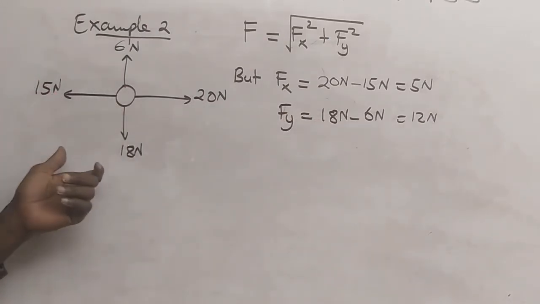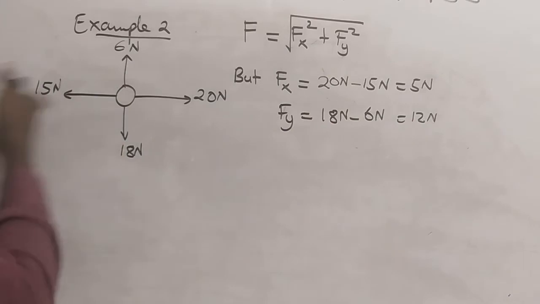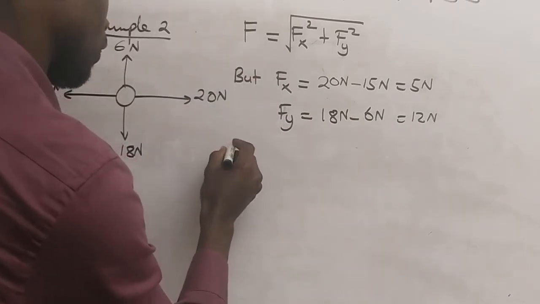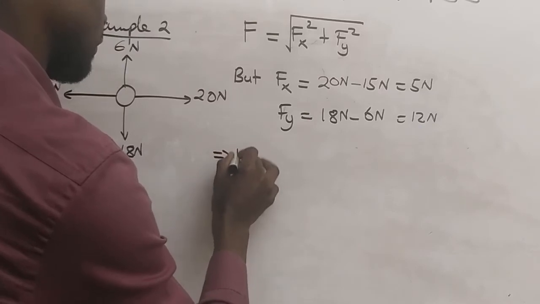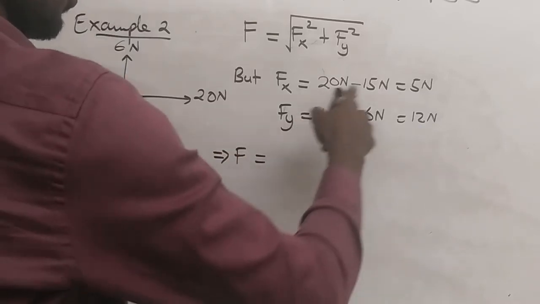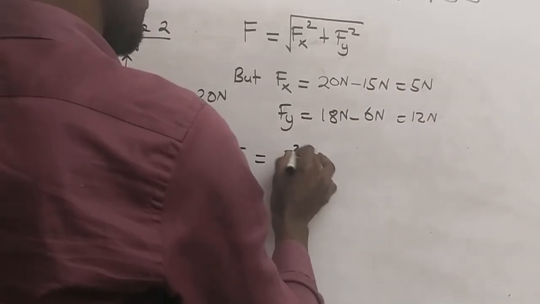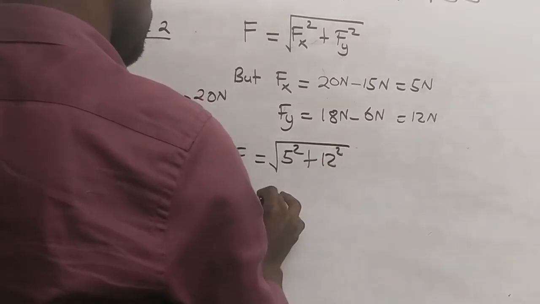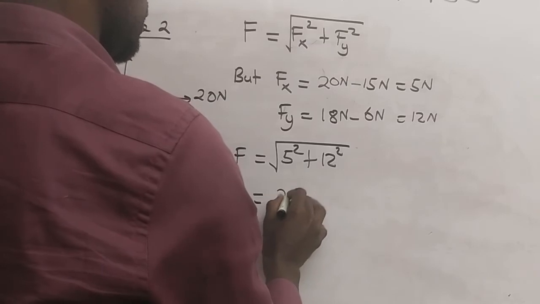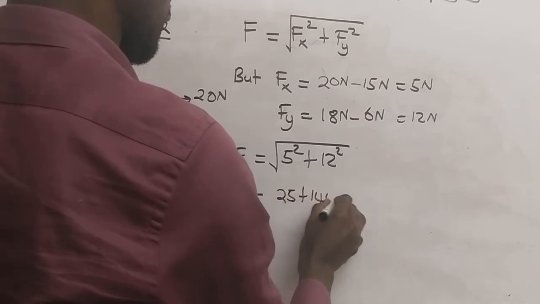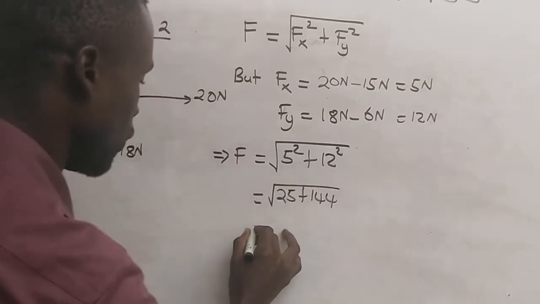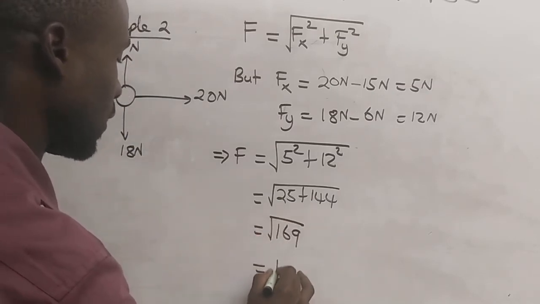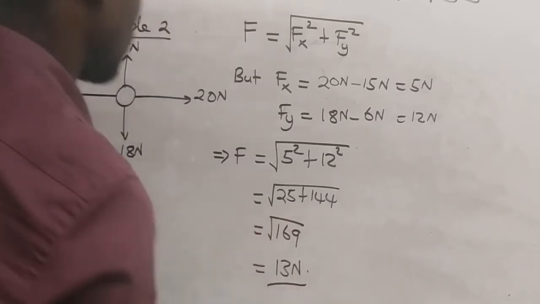So now we have that our Fx is 5, our Fy is 12. Don't pick them directly. Get the resultant in the horizontal, the resultant in the vertical. Therefore F equals the square root of 5 squared plus 12 squared. What does this give us? 25 plus 144 under root, which is equal to 169 under root, and that is 13 newtons.